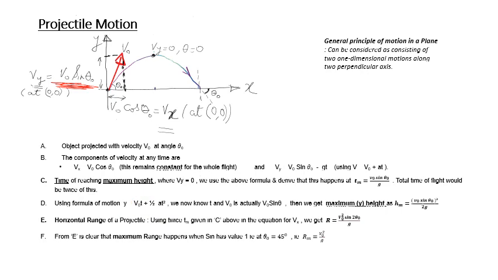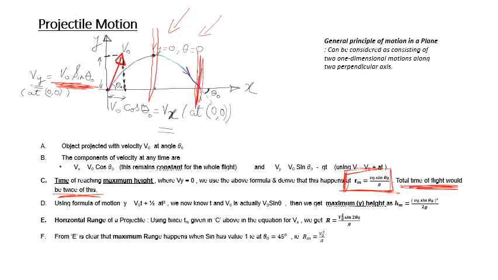Okay, since we know the time t when it reaches the highest point, and since we also deduced that the total time of flight is twice of this, as you can see in the diagram here, the time it took to reach this point is half the time it will take to reach the final point.